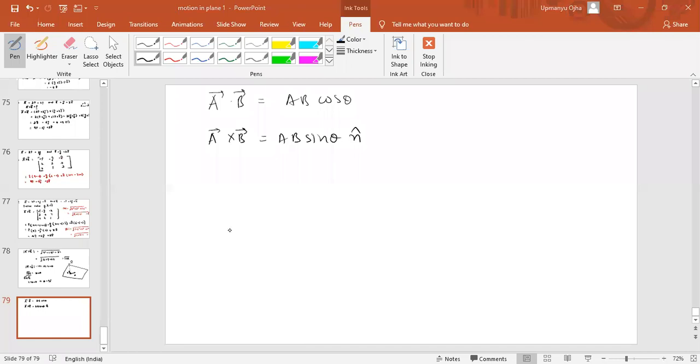See, in the right hand thumb rule, if this is the vector here, you have to put your finger like this. This is your right hand finger. Now, if this is the B vector and this is the A vector, you have to rotate your finger from A to B. Where will your thumb point?